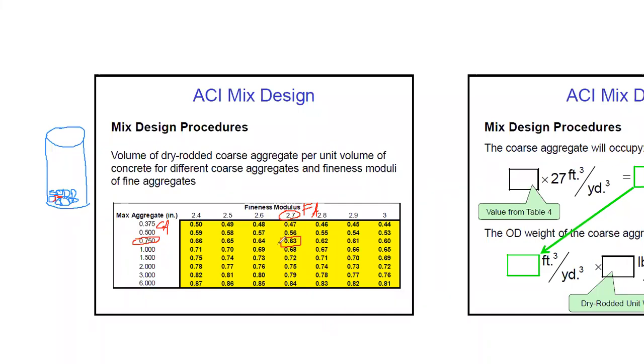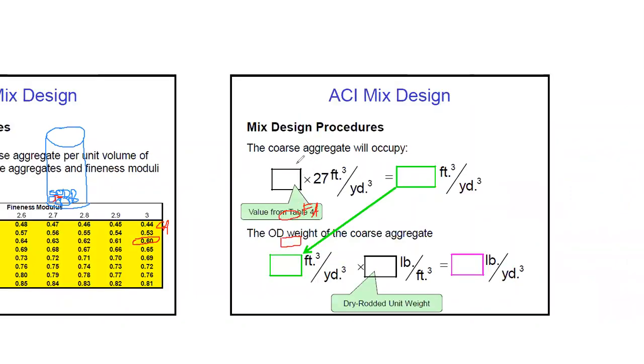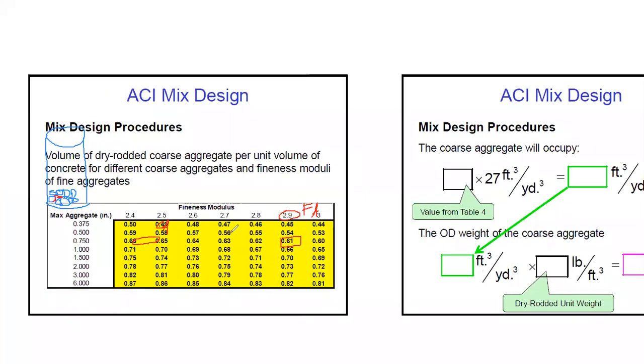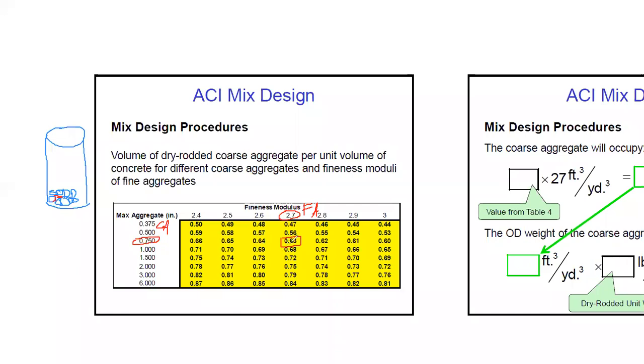You would get a ratio of coarse aggregate that would occupy the concrete volume. You see, the value that you get is the coarse aggregate will occupy this much volume. It would occupy 0.63 of the whole volume. This is the value that you are getting from there.